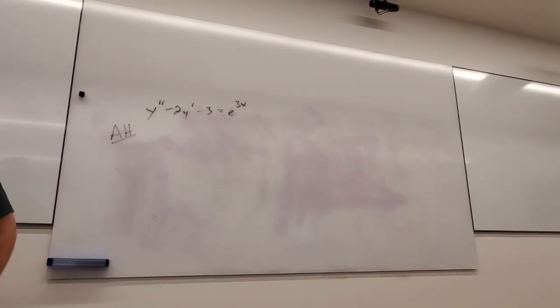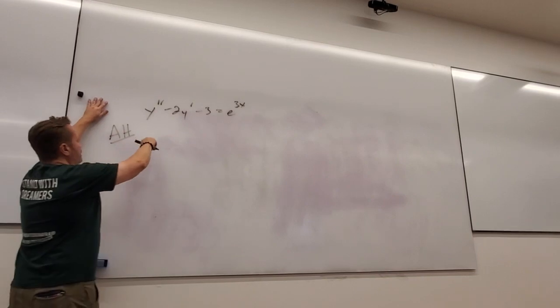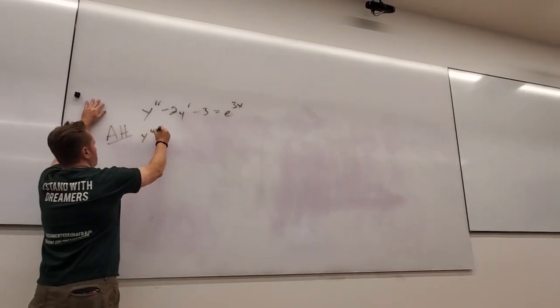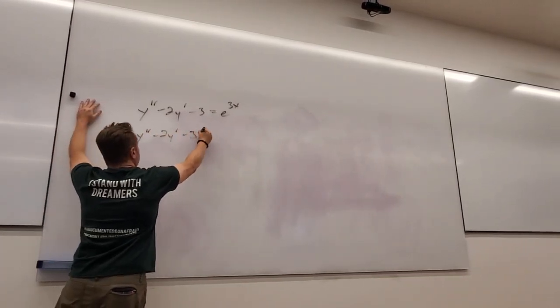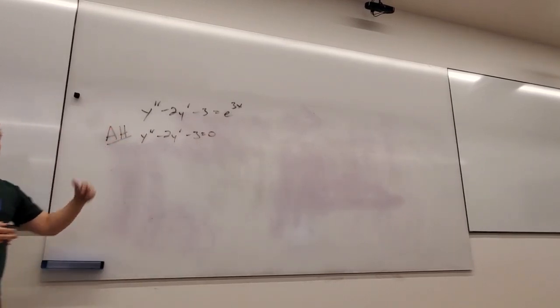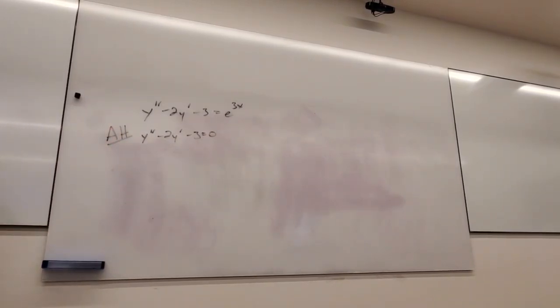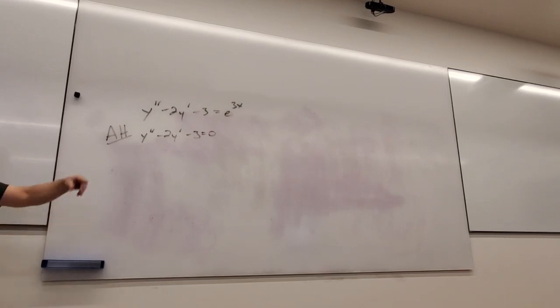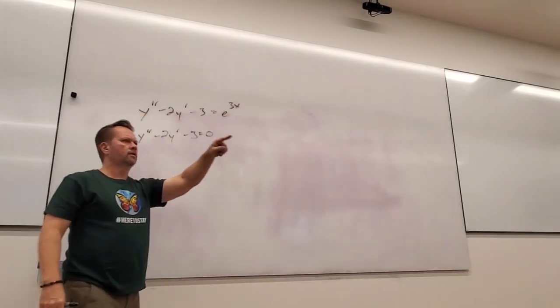If you don't like that, too bad, because it's been done. Associated homogeneous would just be this equal to 0, this one makes it homogeneous. By this point I think you should all understand, I've said it enough times, if I find everything that makes it 0, and then I find yp, and add the 0 part, it's not going to screw up my yp. It's still going to be able to do what it's supposed to do.